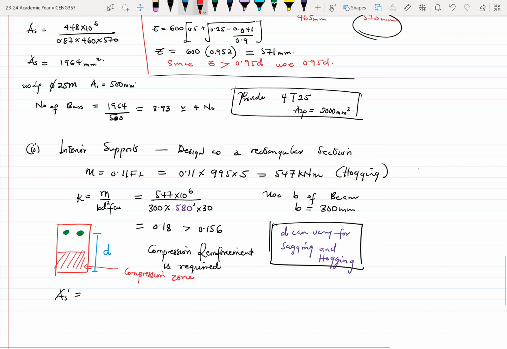Okay. So AS prime is going to be M minus 0.156 FCU BD squared. Okay. Over 0.87 FY times D minus D prime. Okay, so we have this equation right here.